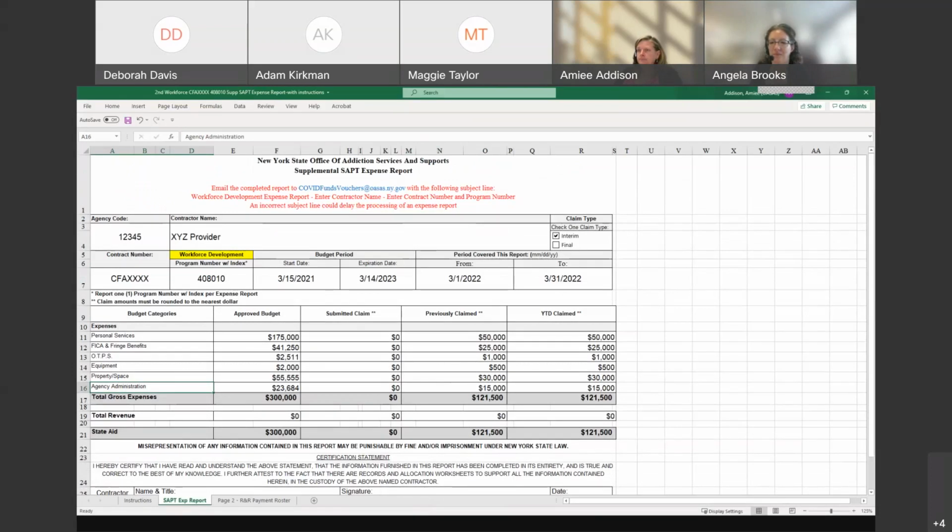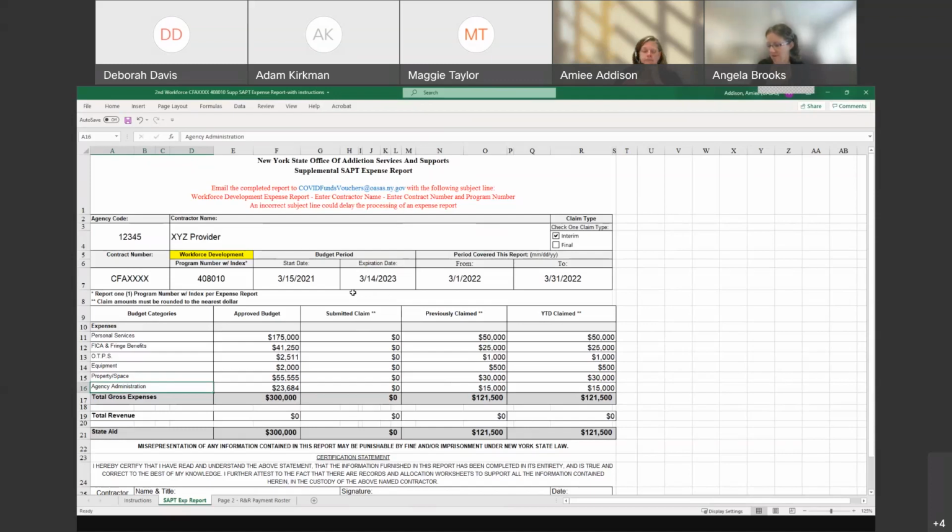We are also seeing occasions where we're not receiving anything yet, and it's been a few months since an executed contract has been in place, so we will be working with our counterparts in the program area to reach out to providers, because you don't want to get backed up on your paperwork and submitting expense reports.